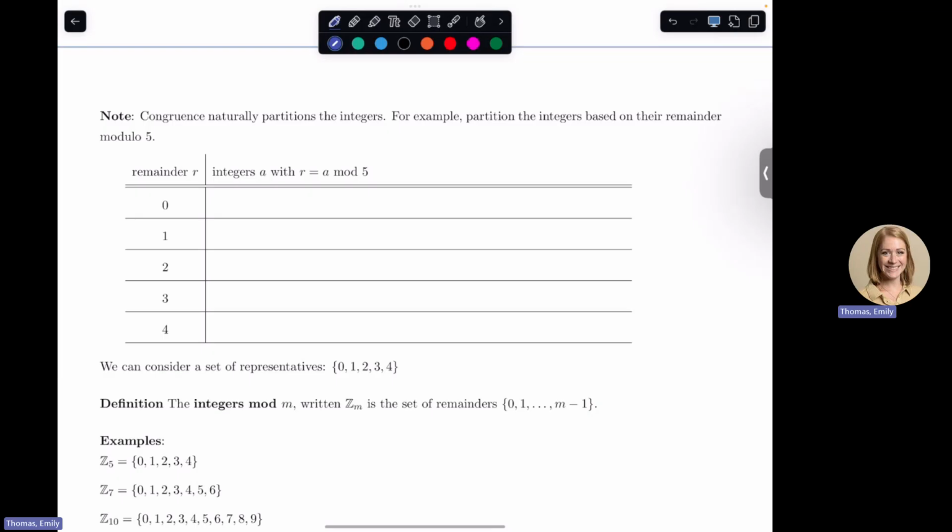So this is integers A with a remainder of R. So a remainder of 0 mod 5: negative 15, negative 10, negative 5, 0, 5, 10, 15, and so on.